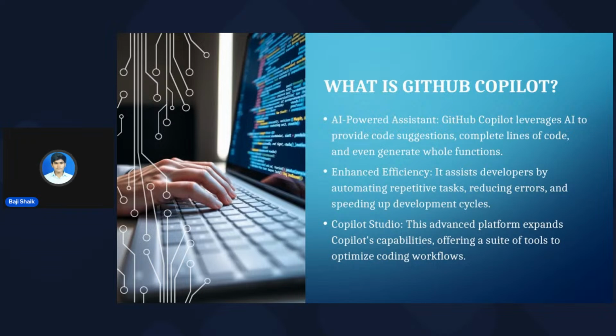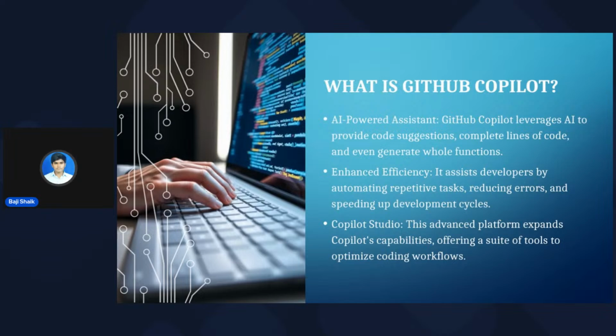Nowadays GitHub and Microsoft Dynamics 365 also have a Copilot, and we have a browser, right? So we can see the Copilot everywhere. Now everybody is using Copilot, as an AI-powered assistant.